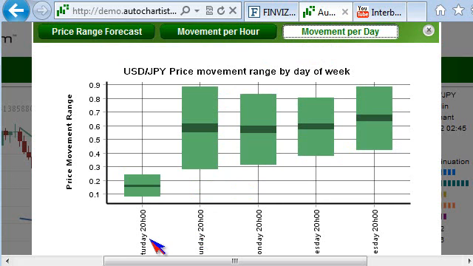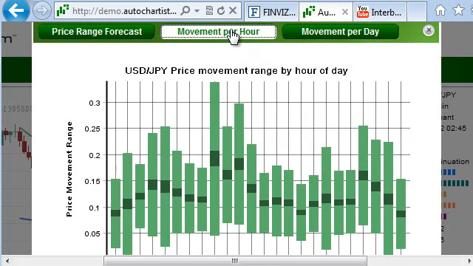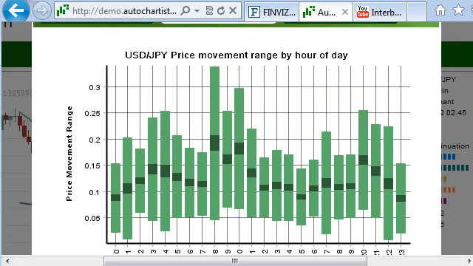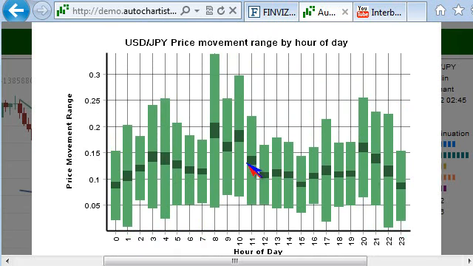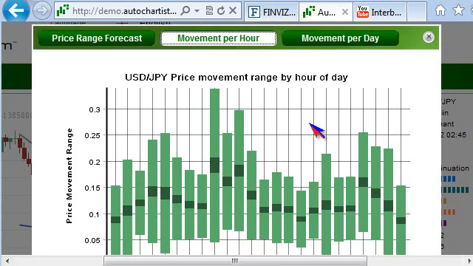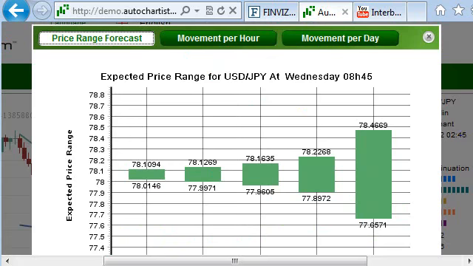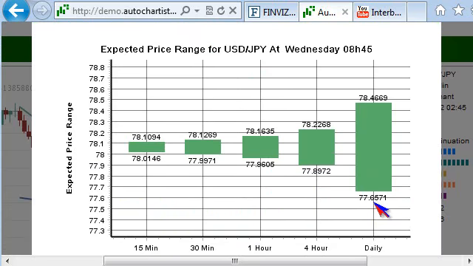I can even break it down to which day of week, and I can look at the movement per hour and understand from a risk standpoint what hours of the day are more likely to have the wider price range versus the narrower price range. So this is something, admittedly, we're going back in time, but this is something that you could look at right at the moment of entry and say, okay, what is the price range today, going back to, say, the 24th, when I started this trade, and look at what the price range expectation could be.